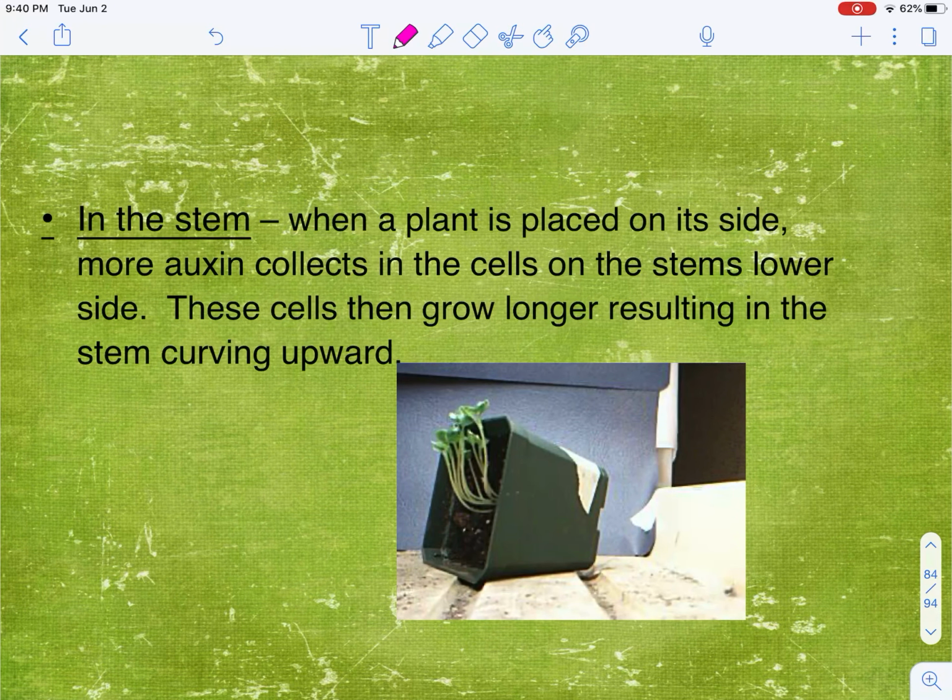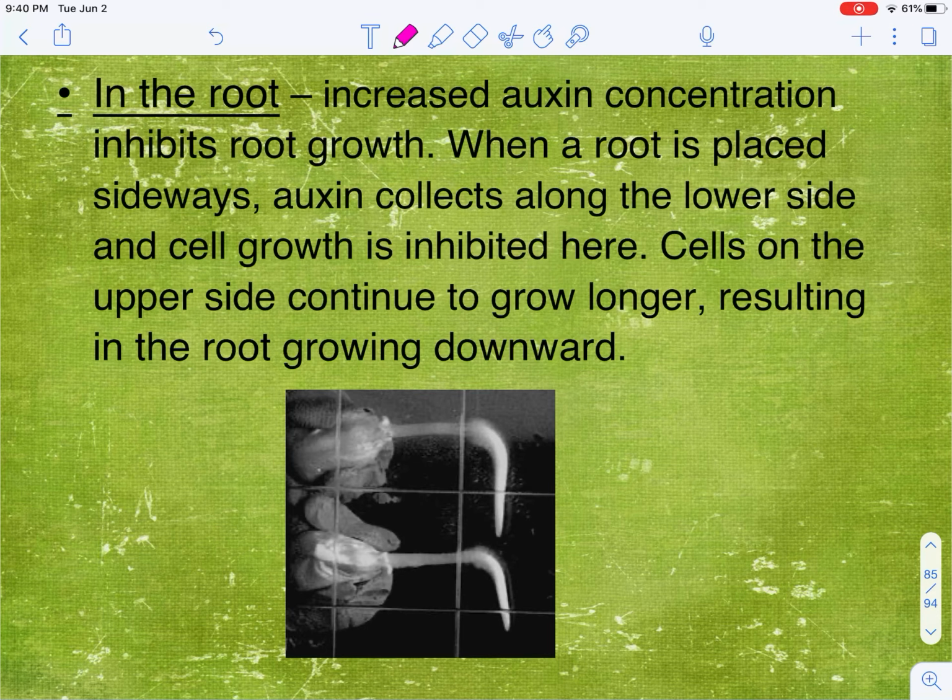And this will happen no matter which way you turn the plant. So if you turn it on its side, we'll still have the leaves growing up and the roots going down. And so we can see this turned plant and see that it's still auxin that is causing the different rates of growth.